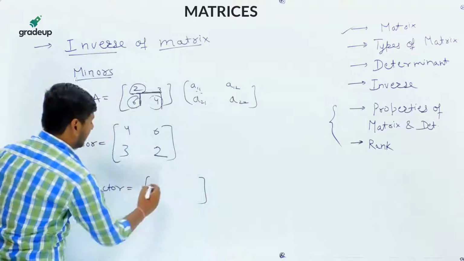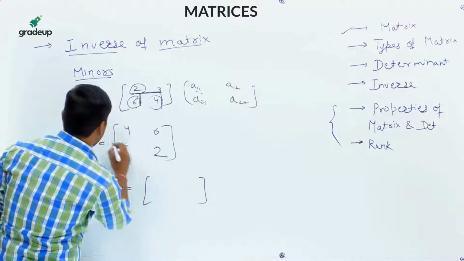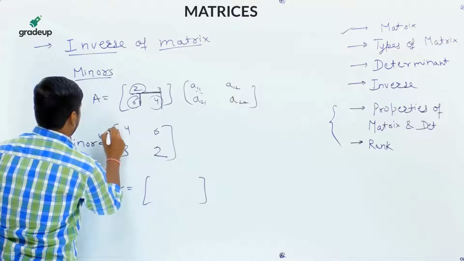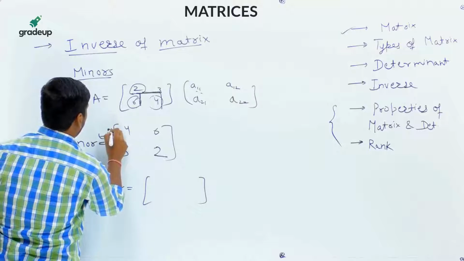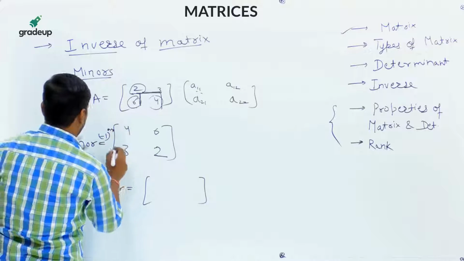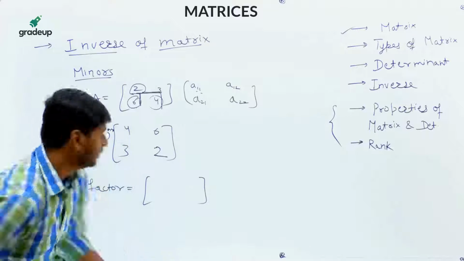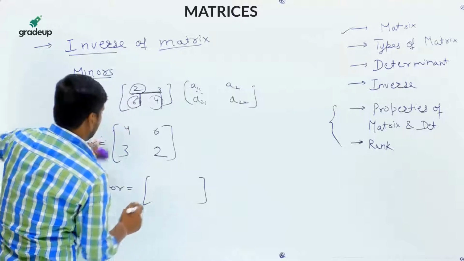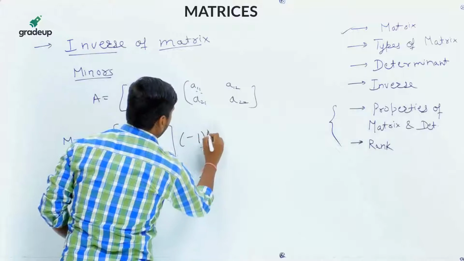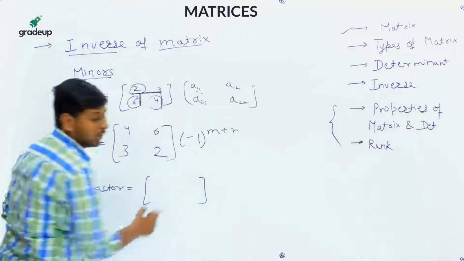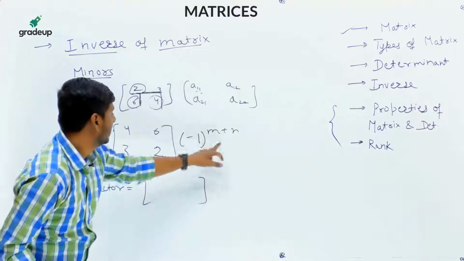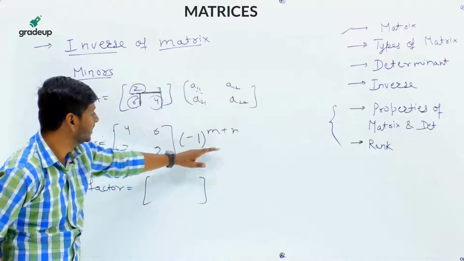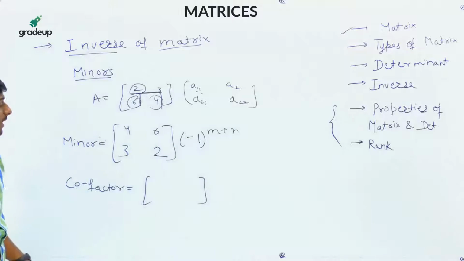The cofactor matrix is just minus 1 to the power m plus n, where m is the row number and n is the column number. If we multiply this matrix with this, we get the cofactor matrix.